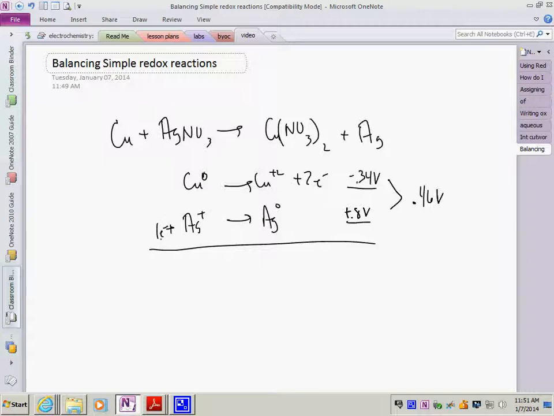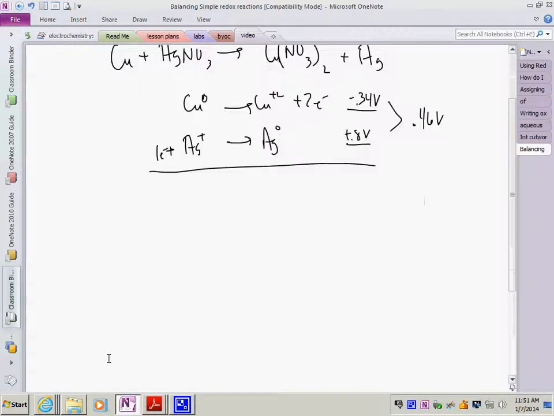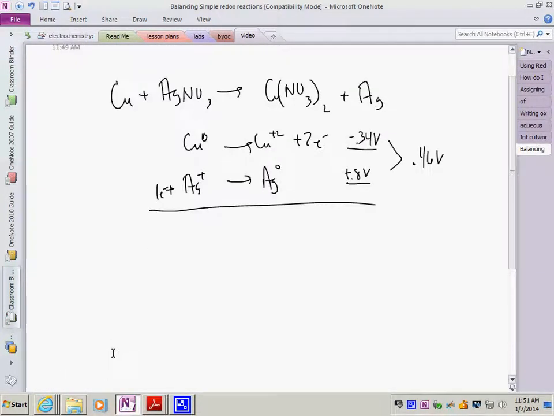You should be able to draw a picture of this. We would have a beaker. Being able to draw these is extremely important, in the sense that if you can't draw it, you really don't know what you're doing here.